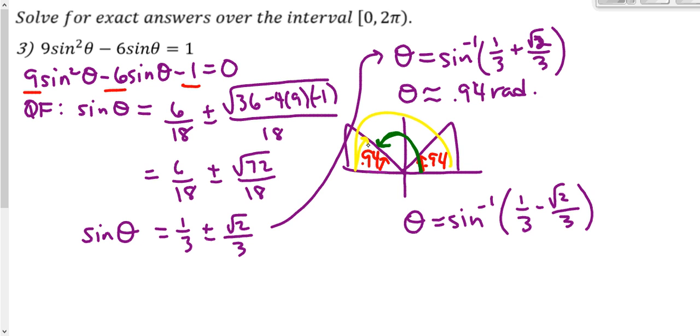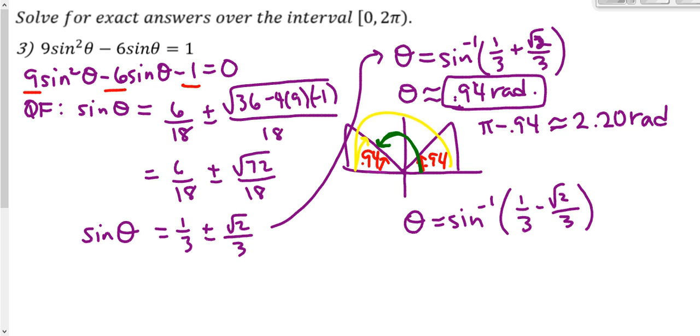So that would be pi minus 0.94 radians, and this is approximate as well. And pi minus 0.94 radians is 2.20 radians approximately. So we have a quadrant 1 answer, 0.94 radians, and we have a quadrant 2 answer, 2.20 radians.